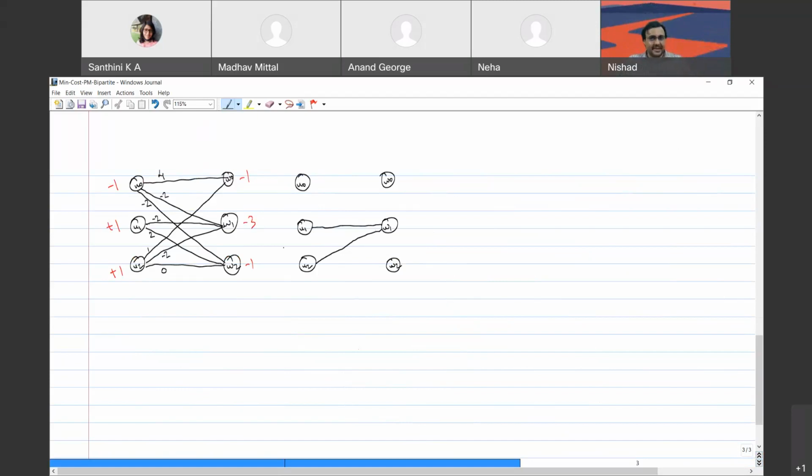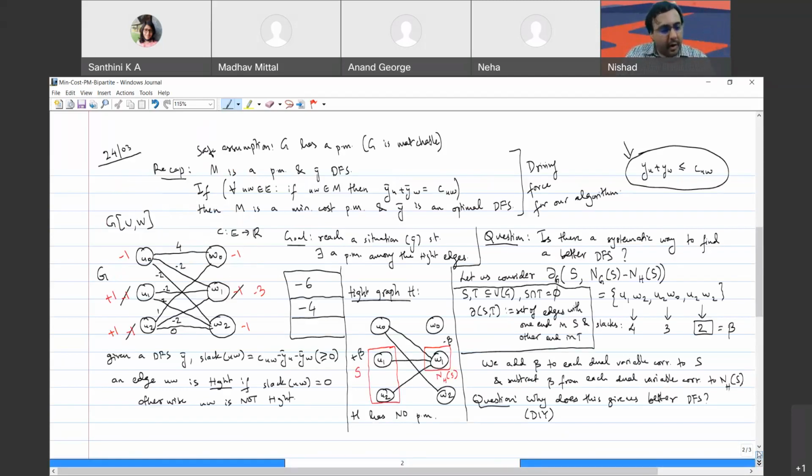So in fact, one of the differences between this algorithm and the previous is that the tight graph doesn't necessarily keep increasing in number of edges. So an edge which was previously tight could actually stop being tight now. And I think we have at least one example in this case here. U0 W1 used to be tight, and now is it tight?